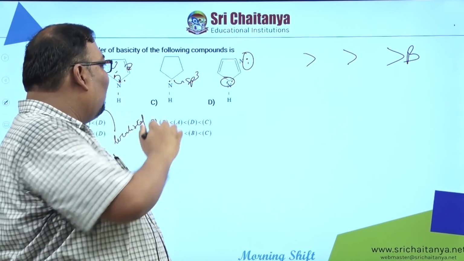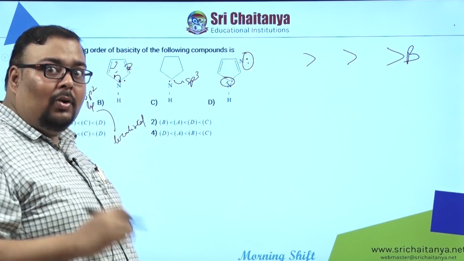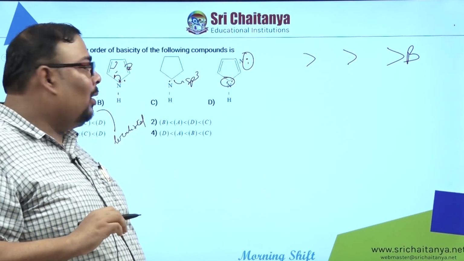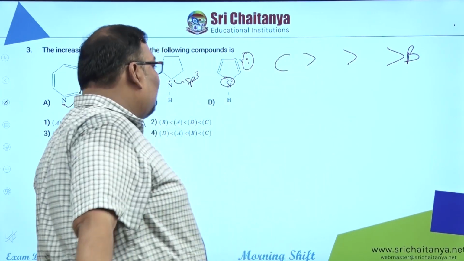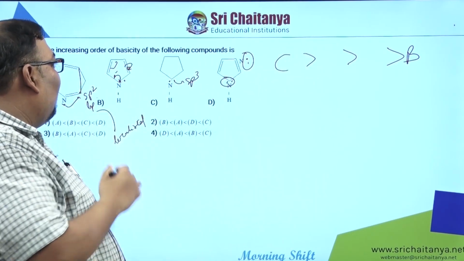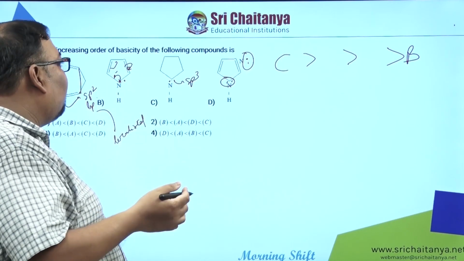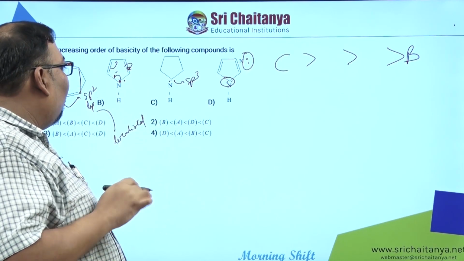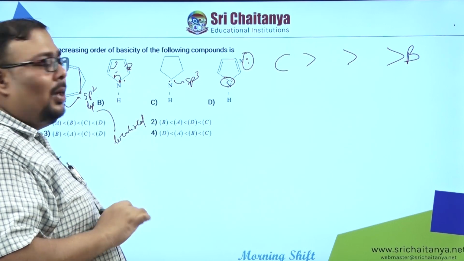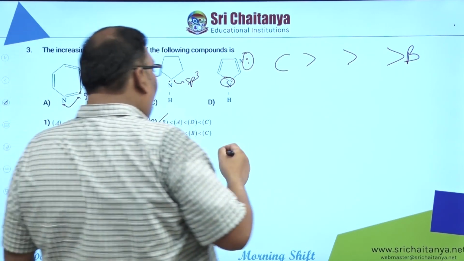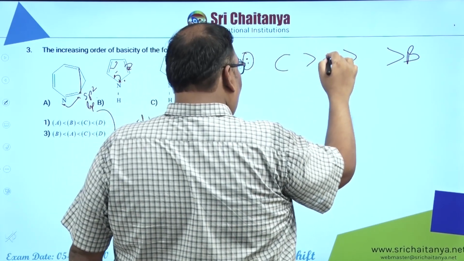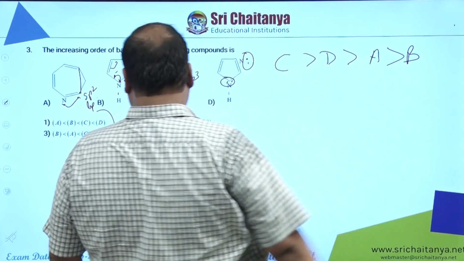So the lone pair localized in an sp3 orbital will be the most basic. So C will be the most basic. The most basic is C, the least basic is B. Only one option corresponds to this, which is option number 2. So this is the answer. The order will be C, D, A and B.